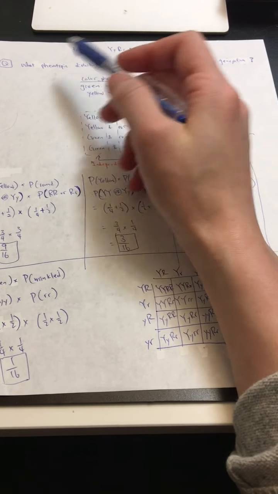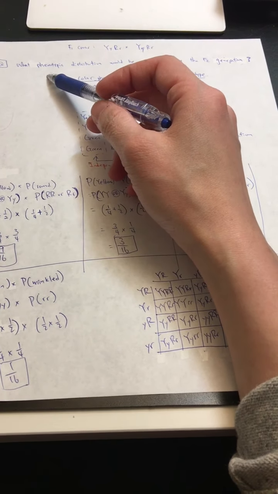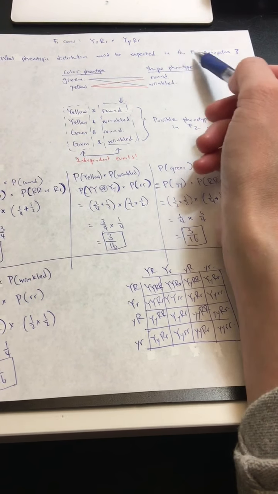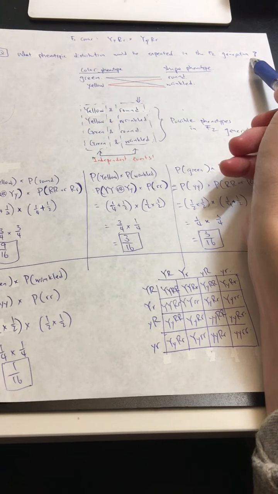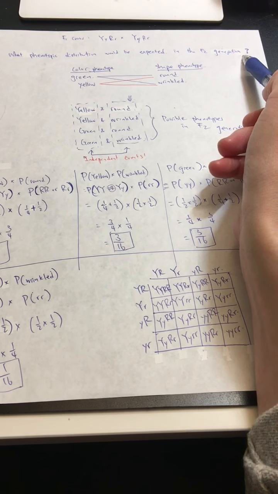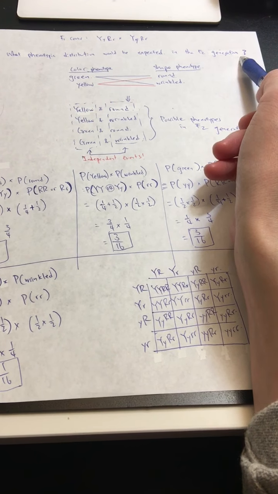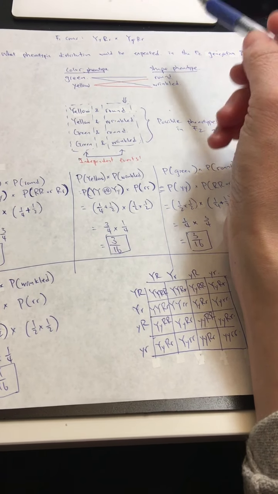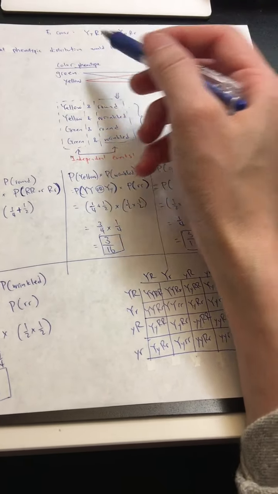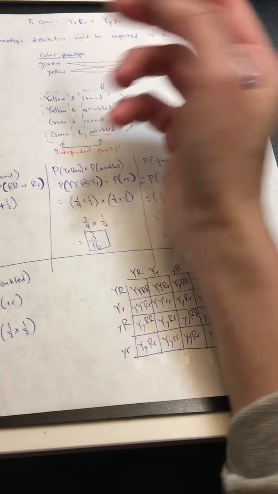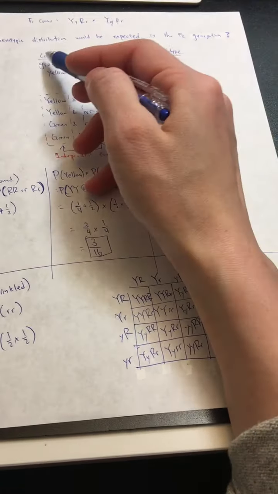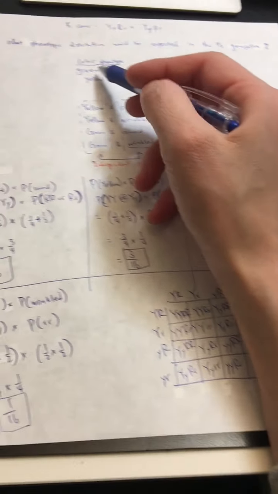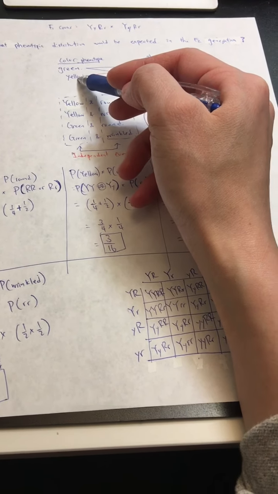Okay, and here the question is, what is the phenotypic distribution that we would expect in the F2 generation? Well, first we have to figure out what the possible phenotype combinations in the F2 generation are. Since we're looking at two traits, for the first trait, which is the pea color, it could either be green or yellow.